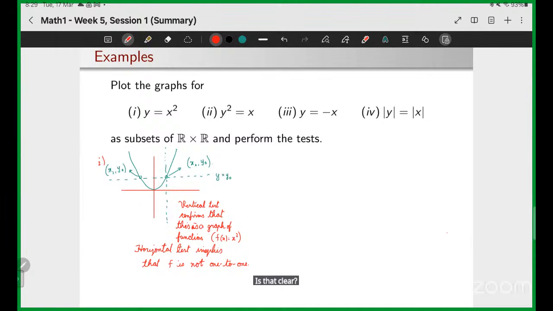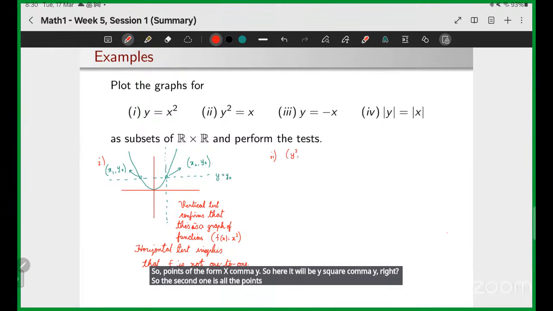Well, let's draw the rest of the things and see what the tests reveal. So points of the form x comma y. So here it will be y square comma y, right? So the second one is all the points of the form y square comma y. So what would the graph look like?